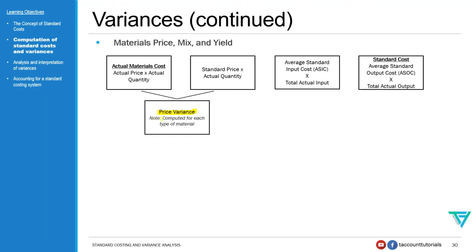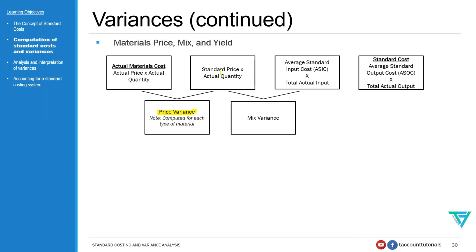Note that for the price variance computed using this analysis, we should compute this using each type of material. Later on in our sample problem, we have quite a number of different materials wherein we would individually be computing the price variances for each one.